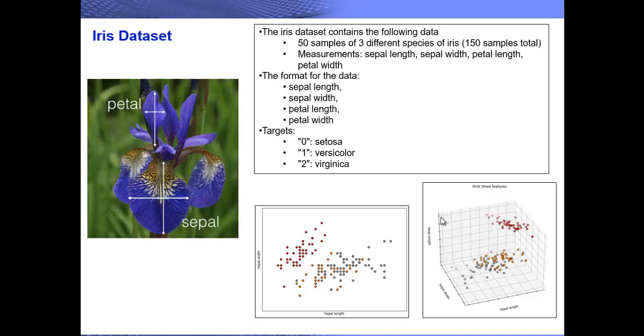Out of these four, we drew two here, and now one more case with three. There is no possibility of drawing all the data with all four dimensions, so you might have to repeat that by skipping the sepal length and then considering the sepal width, petal length and petal width, and then you can also draw.